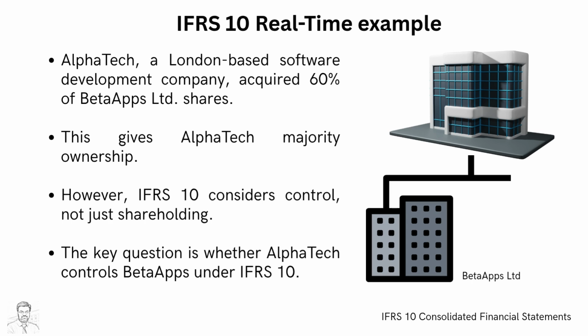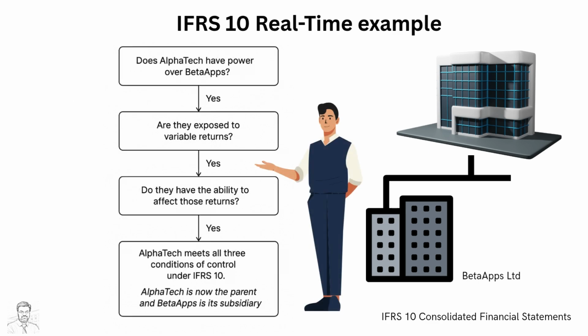Let's run through the test. First, does Alphatech have power over Beta Apps? Well, yeah. With 60% of the voting rights they can appoint the majority of board members and make key decisions. So that's a tick. Second, are they exposed to variable returns? Definitely, because as the main shareholder, Alphatech gets a big chunk of the profits or losses from Beta Apps.